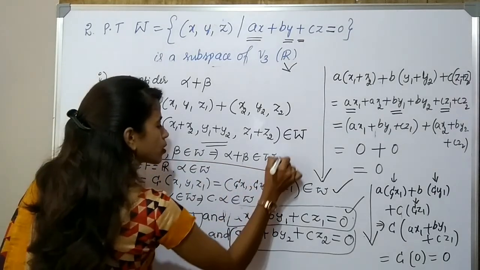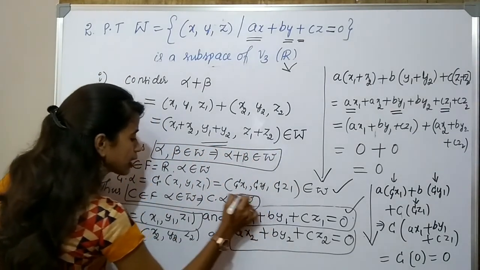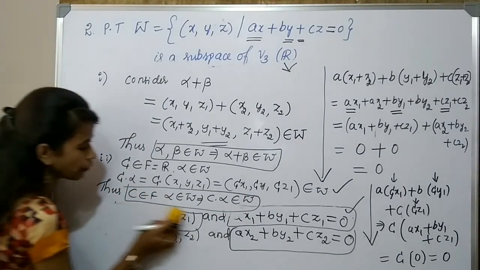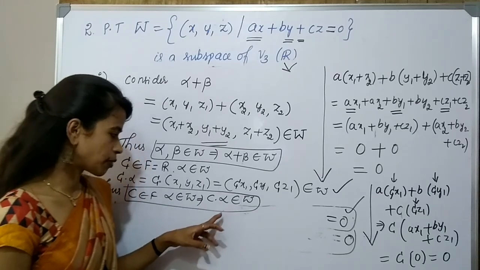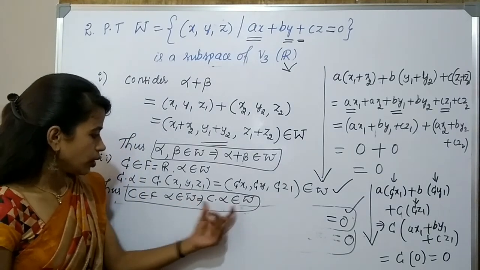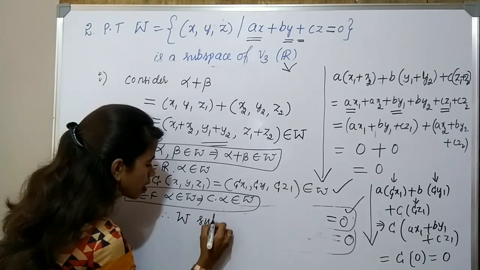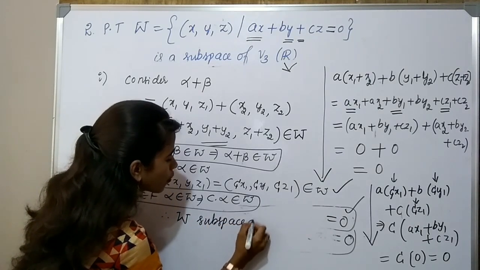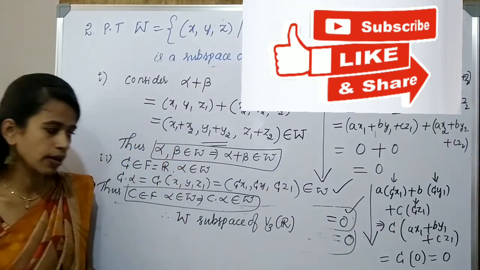W is closed under vector addition and also closed under scalar multiplication. Therefore, by using the necessary and sufficient condition for a subspace, we can conclude that W forms a subspace. W becomes a subspace of the set of all triplets, that is V3 of R. Is it okay?